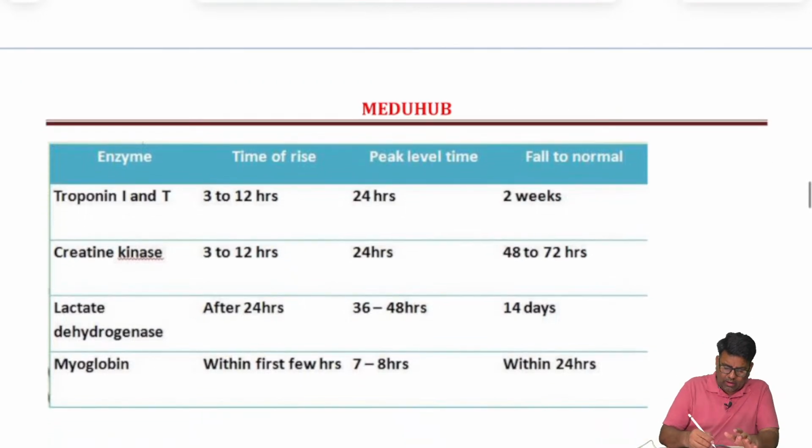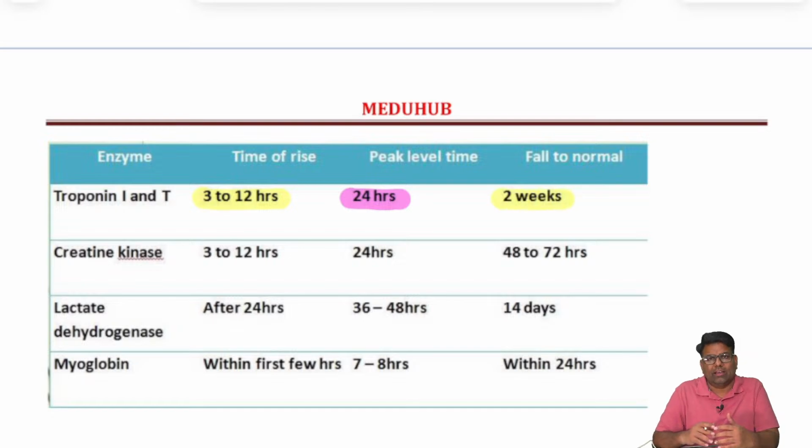You can just take the time frame like this: they start elevating somewhere between 3 to 12 hours, then peak somewhere around 24 hours, and come back to normal by the second week. So that is the usual graph of troponins.